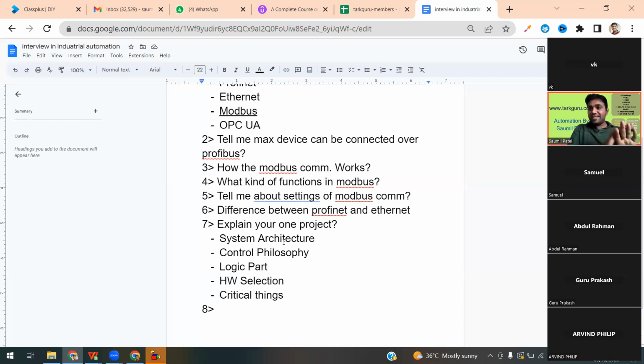So Siemens has the PCS7 software, Yokogawa has its own software, Emerson has its own software, Honeywell has its own software, but the platform is DCS. They have different controllers as a DCS. Siemens has the S7400 controller as a DCS. For example, Emerson has the DeltaV controller as a DCS. Honeywell has its own controller as a DCS. Understood?